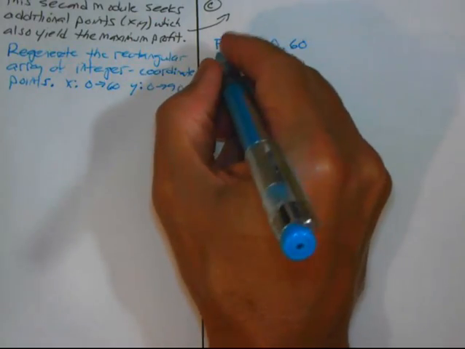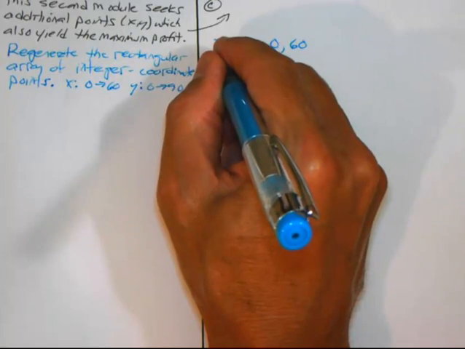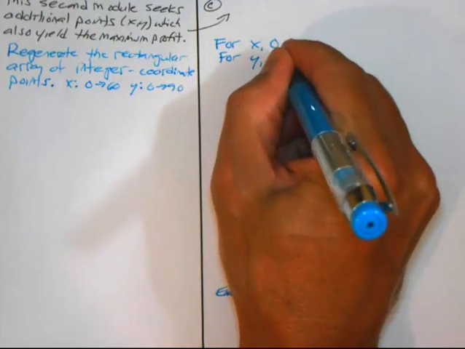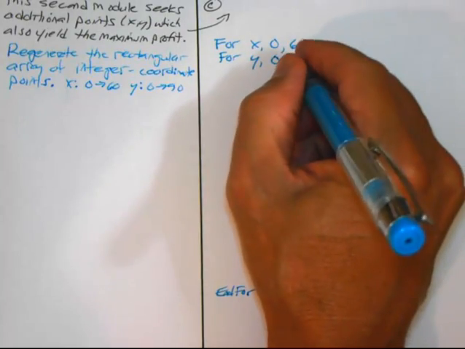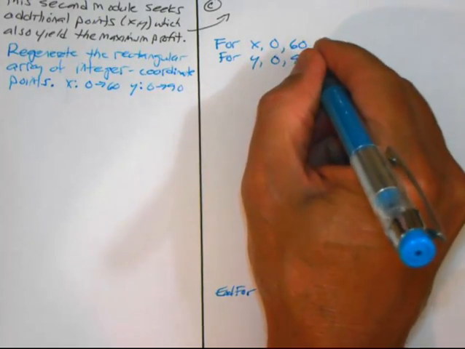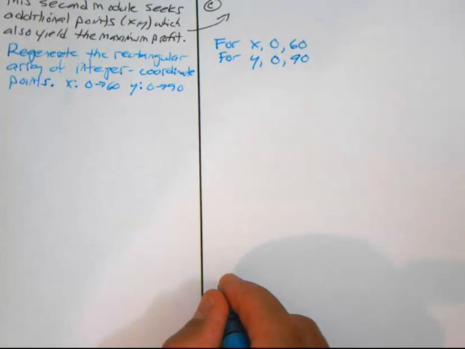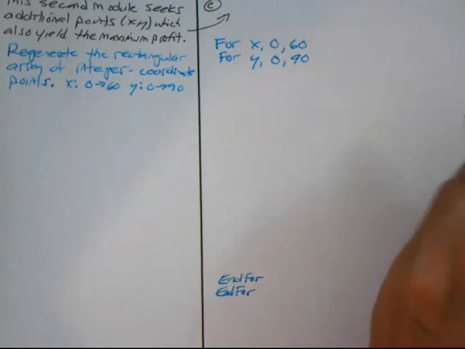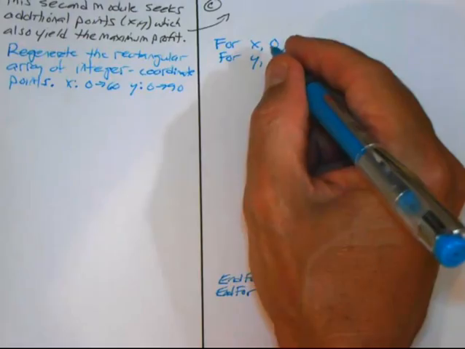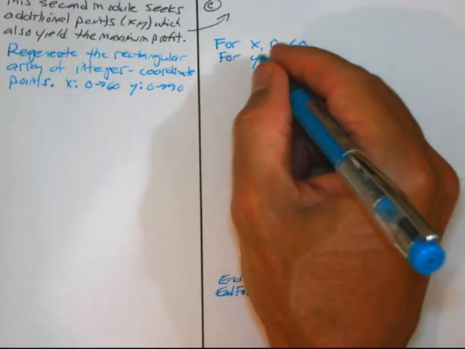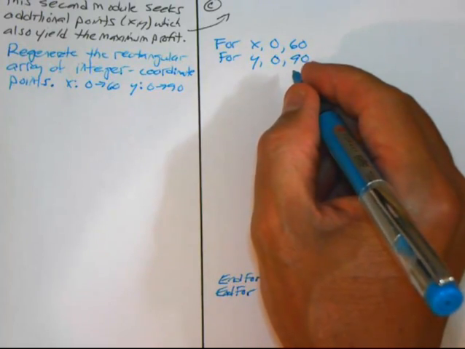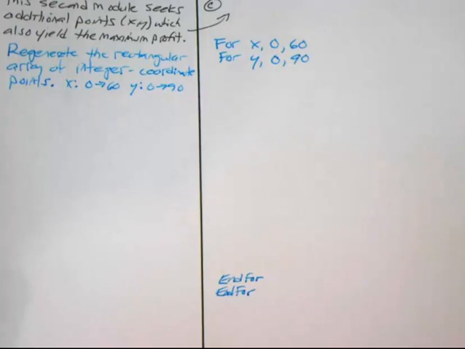Inside this, another counter loop for the y variable, lower number, largest number, and cap it off with a Next statement. And we already have set up from the first module x and y as local variables, so there's no problems with that.